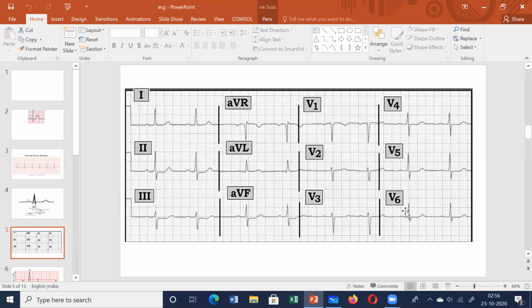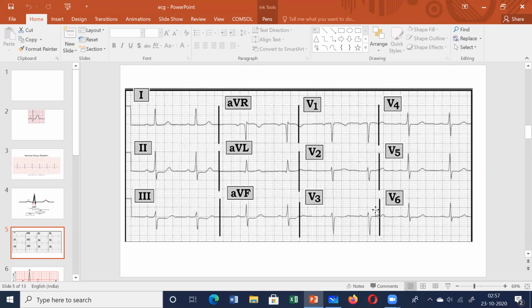If this length becomes more than 35 millimeters, you can calculate, since one small box equals 1 millimeter and the big box is 5 millimeters. If the sum of S of V1 and R of V5, or S of V1 and R of V6, becomes more than 35 millimeters, this is one criterion of left ventricular hypertrophy.